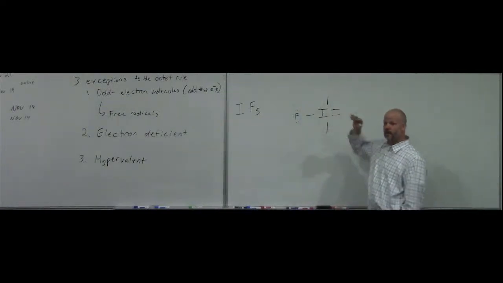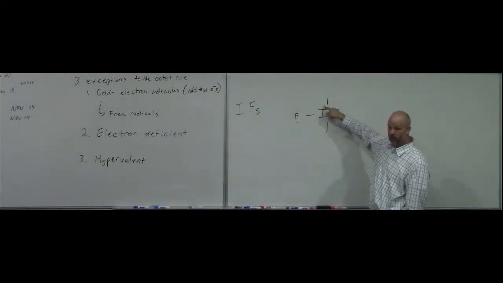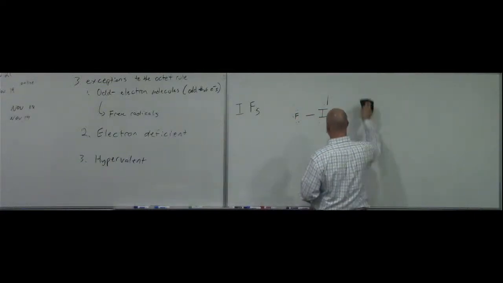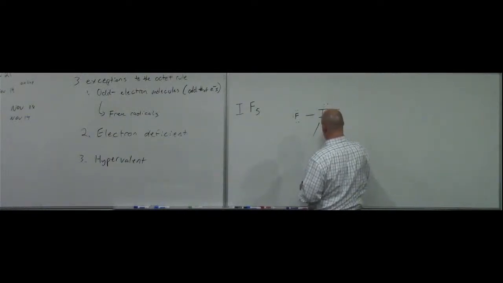You want to leave a pair, because I have 3 in this orbital, right? That doesn't work. So I want to leave 1 orbital filled, unbonded, and I want to take the other and kick it out here.